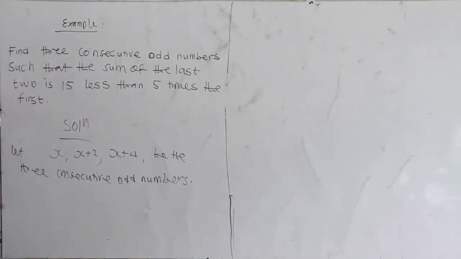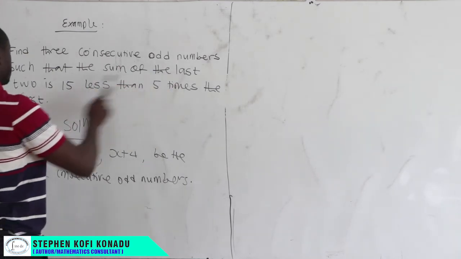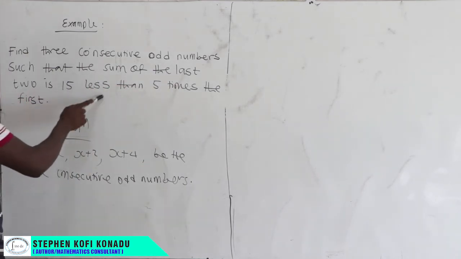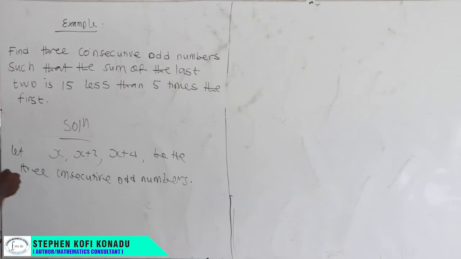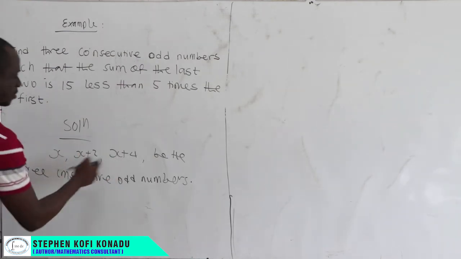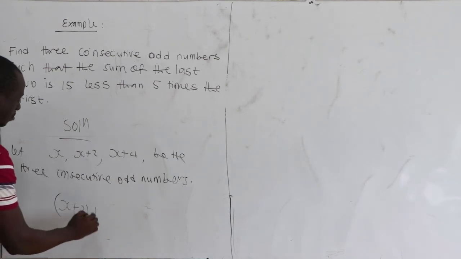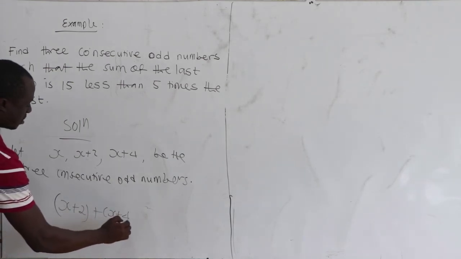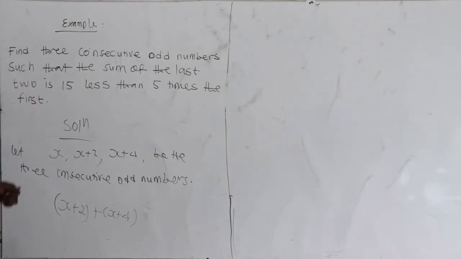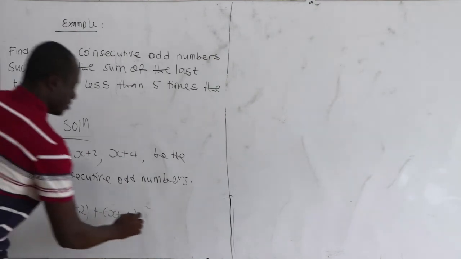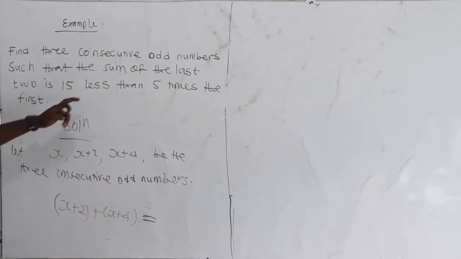Now, what are we told? We are told that the sum of the last two is 15 less than 5 times the first. The sum, the addition of the last two, is equal to 15 less than 5 times the first.